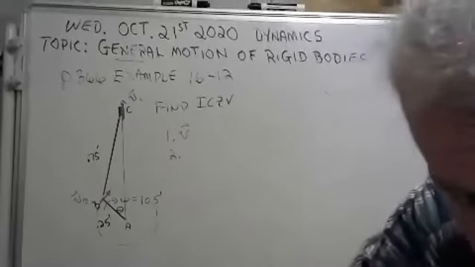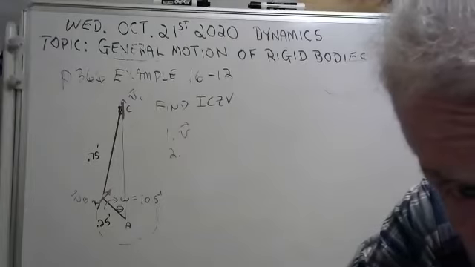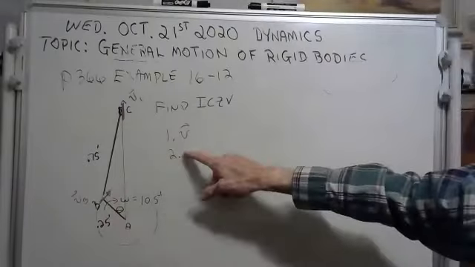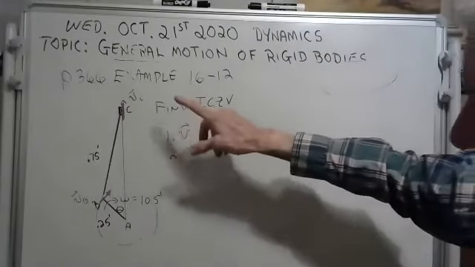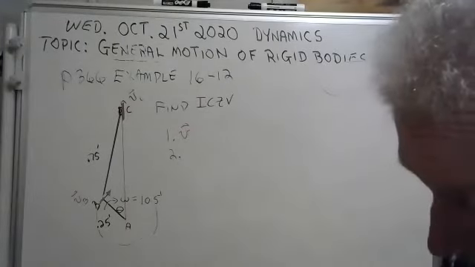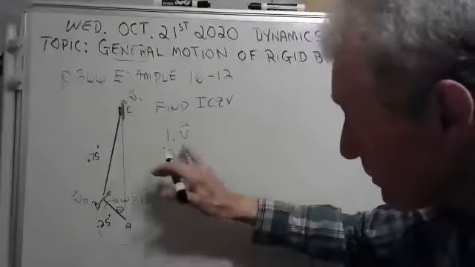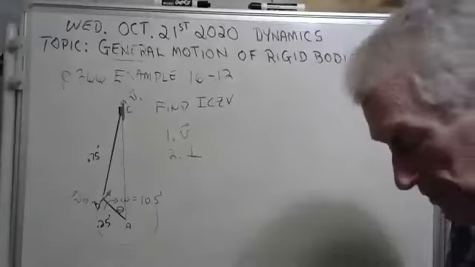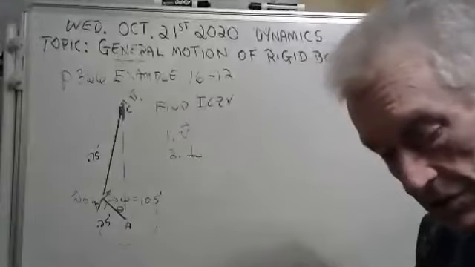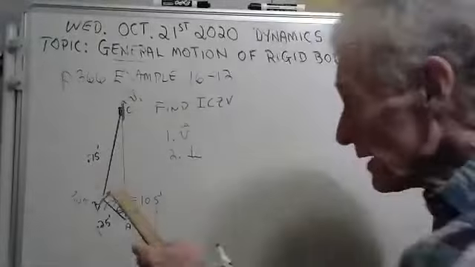Let me ask somebody. Let's see if you guys listen to me. Braxton, unmute and say hello, please, Braxton. Hello. Braxton, what's step number 2 in finding the ICZV? Is it the perpendicular lines? That's it. You draw perpendiculars to the velocities. Okay, well, let me do that. Hopefully you've already done this and you guys know where it is. Golly, I think I might go off the board here.